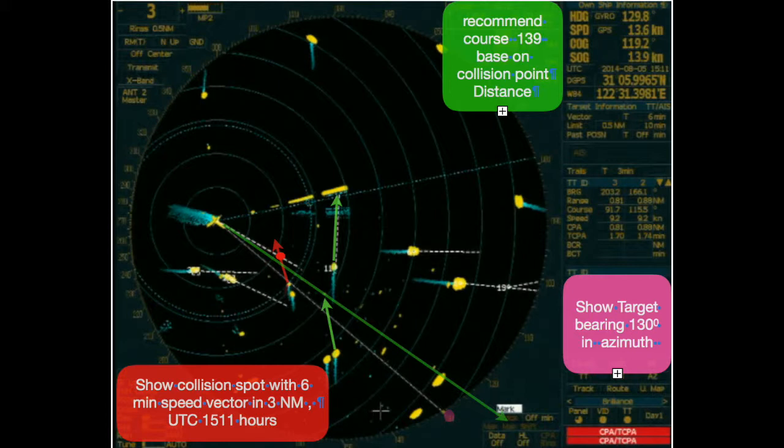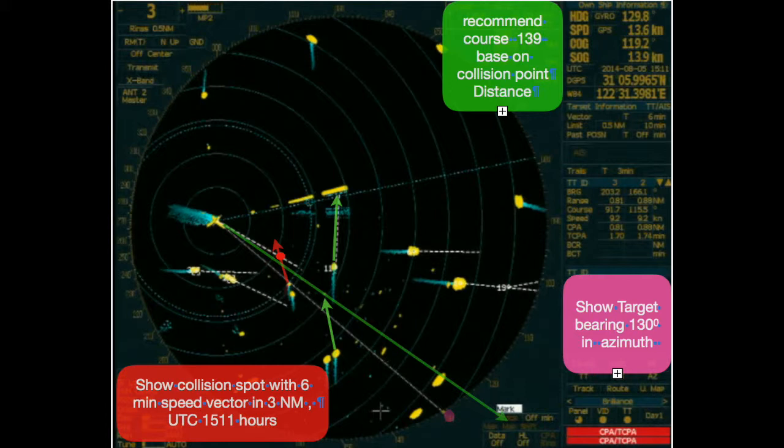Here is our requirement for the dynamic radar presentation. Each target that originally had collision risk should, at close range, continuously give us a target shape. And for the most dangerous target, we are asking for a new recommended course.